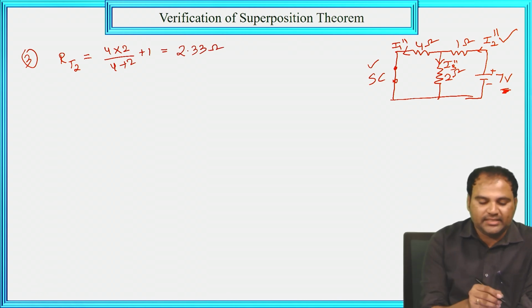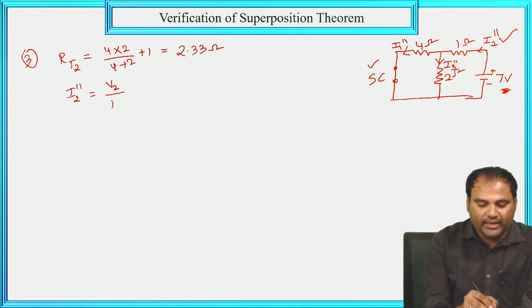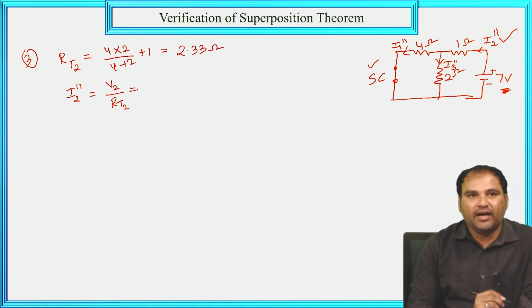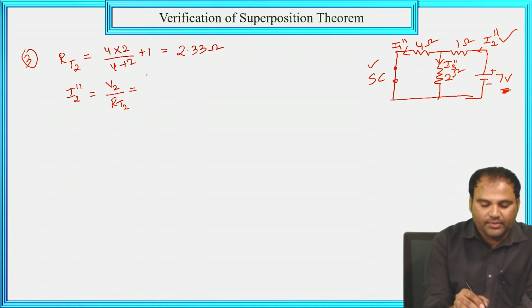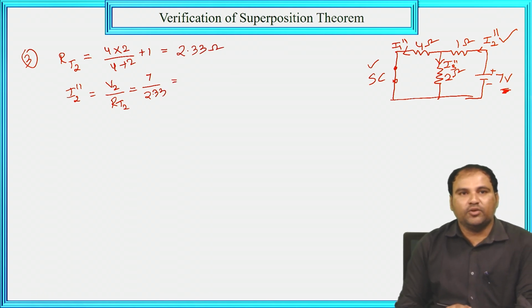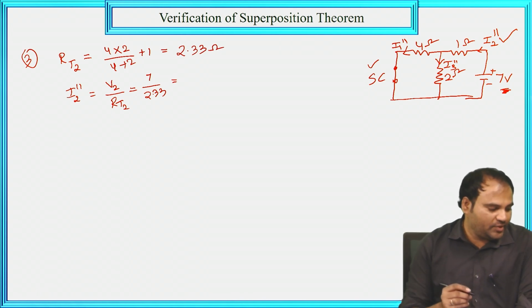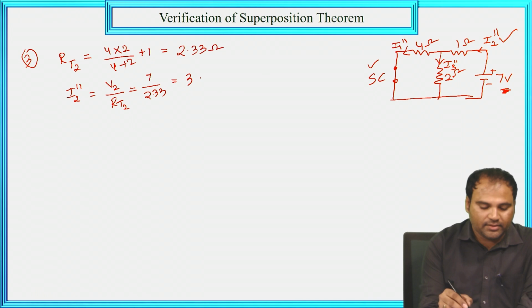Here we use Ohm's law: I is equal to V by R. So I2 double dash is equal to the secondary voltage V2 divided by RT2, the total resistance. V2 is 7 volt and RT2 is 2.33, so we get 3 amperes.